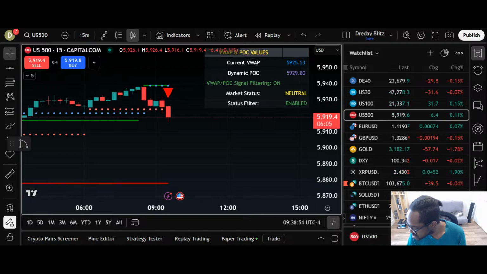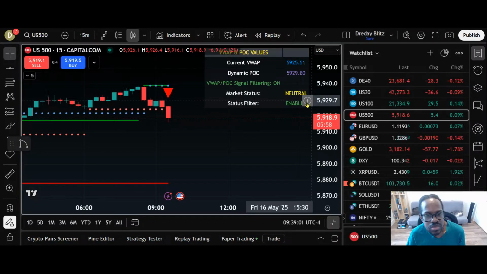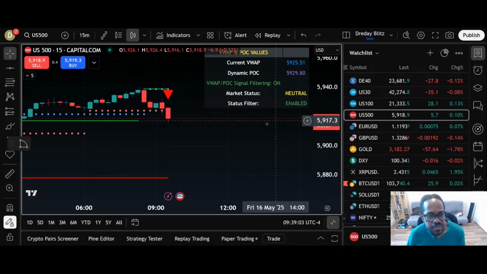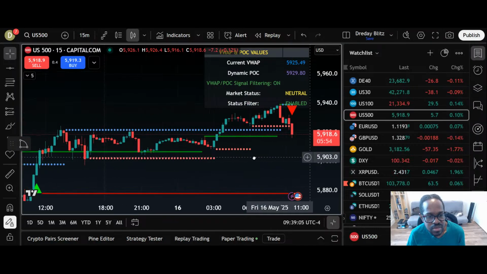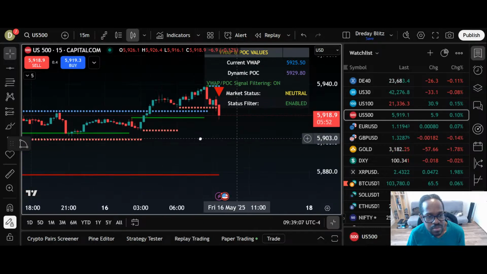Still 7 minutes before the next candle. We'll see exactly if we have any signals here on our end in regards to the alerts that I created. If not, I'll close it out and continue working on my craft.